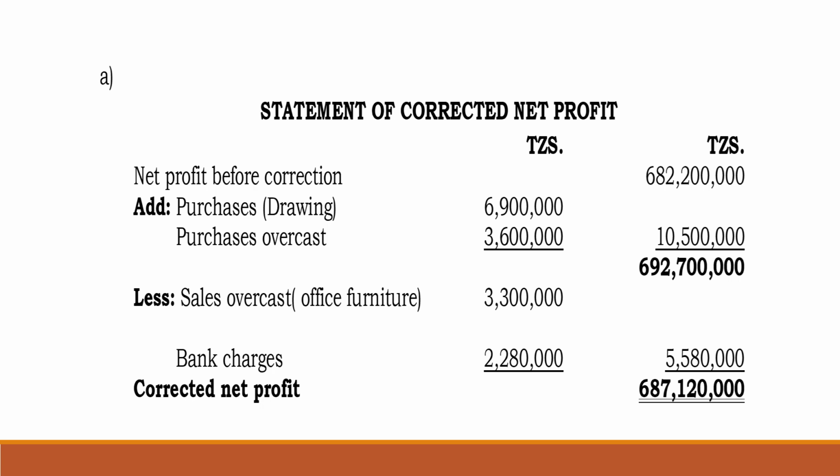Again, we take away the sales overstated by office furniture, but again, there is a bank charge. So the corrected net profit becomes 687,120,000.